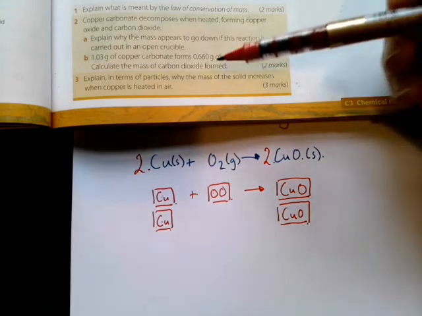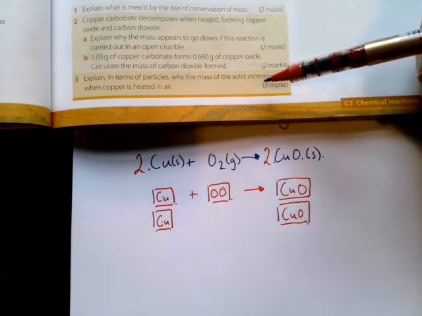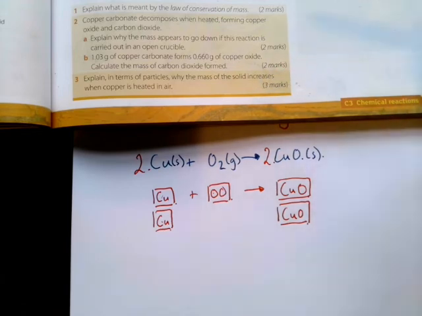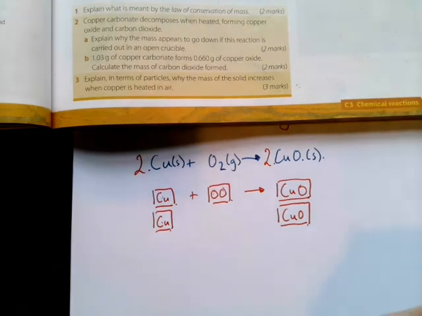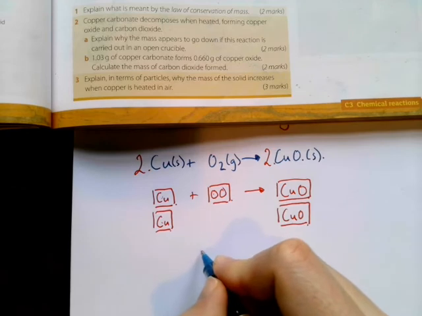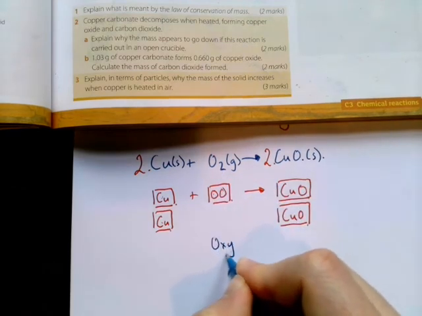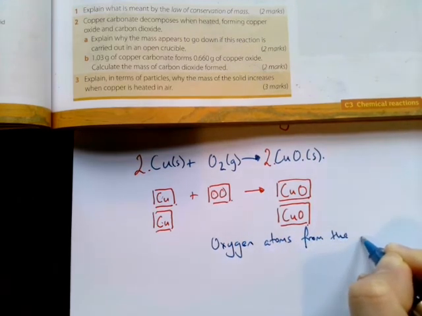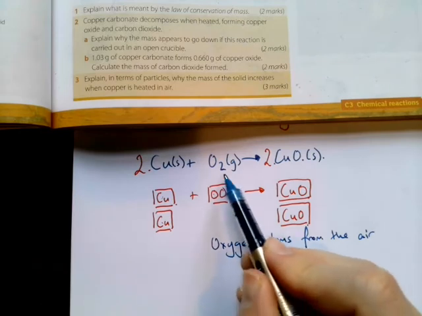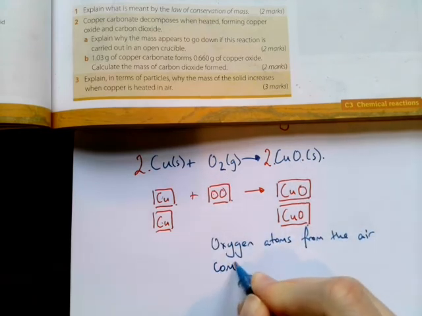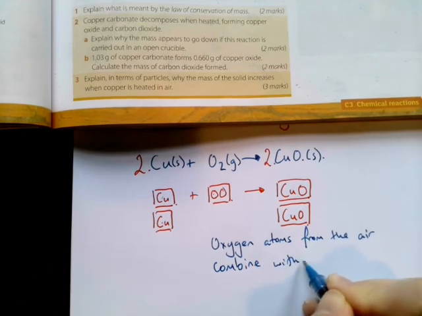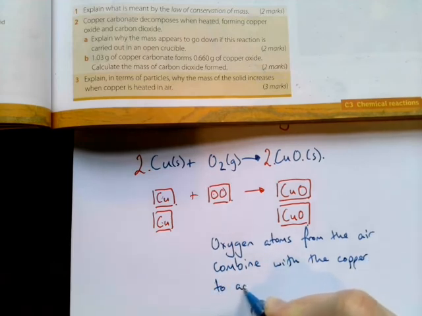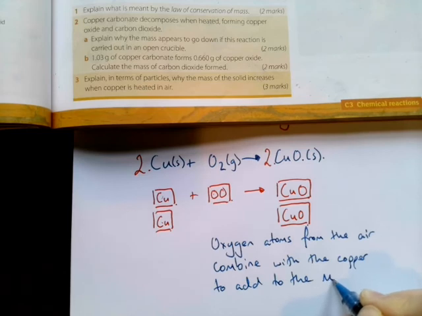Back to the question. Explain in terms of particles why the mass of the solid increases when copper is heated in air. So the reason is, we say, oxygen atoms from the air combine with the copper to add to the mass.